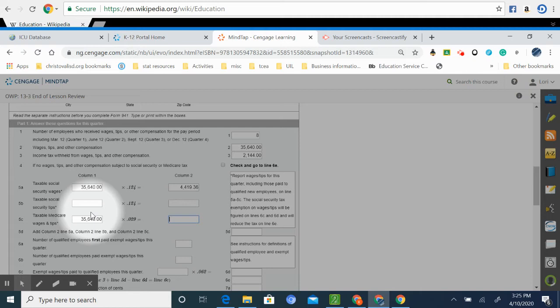And because of the tax base, you're going to pay a maximum of a certain amount on your Social Security tax each calendar year. Medicare is always going to be the same amount. So these two numbers may not match at a certain point. Again, not a situation you're going to run into at this level of accounting questions. So right now we're going to be filling out these numbers.